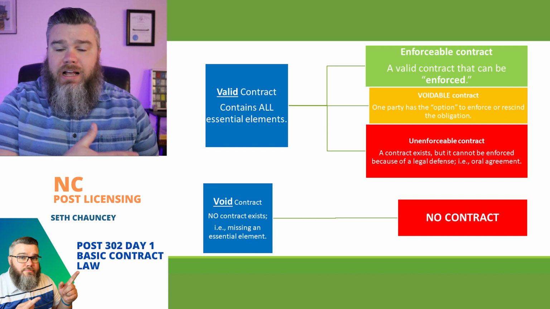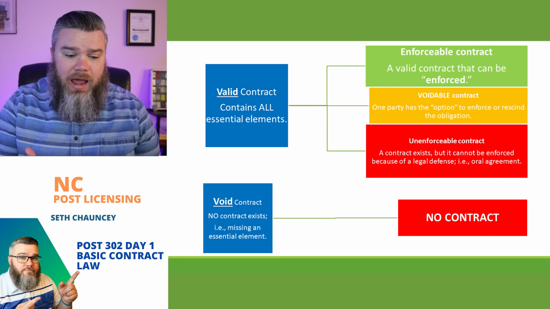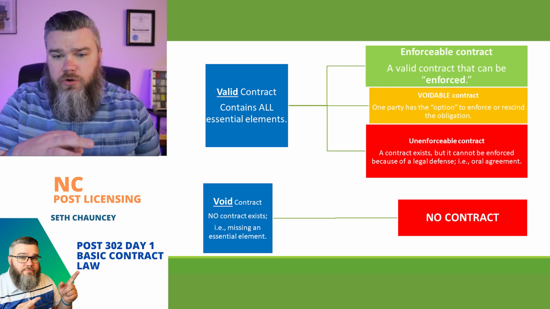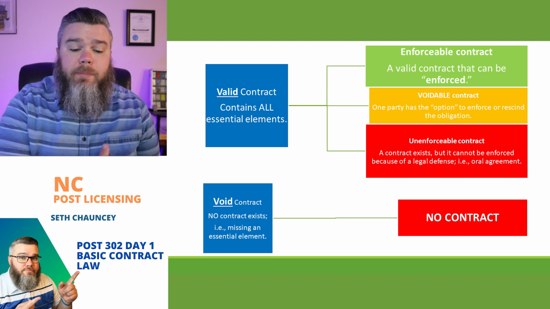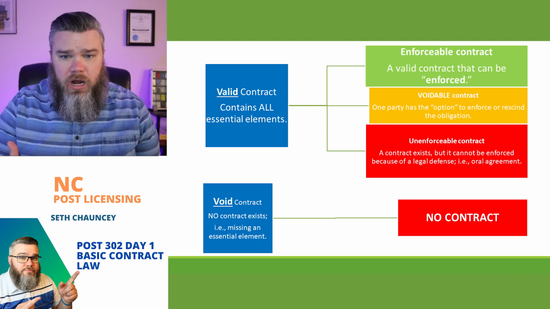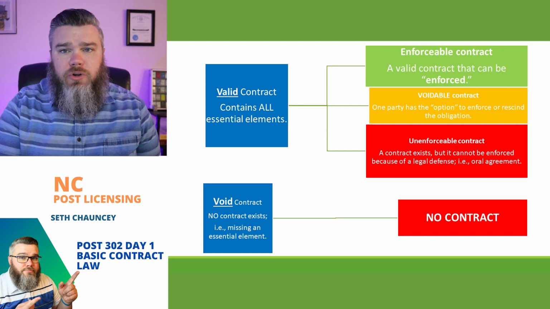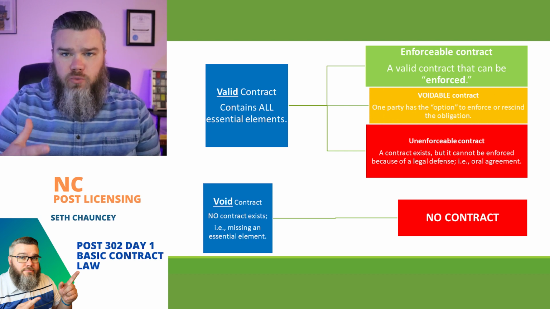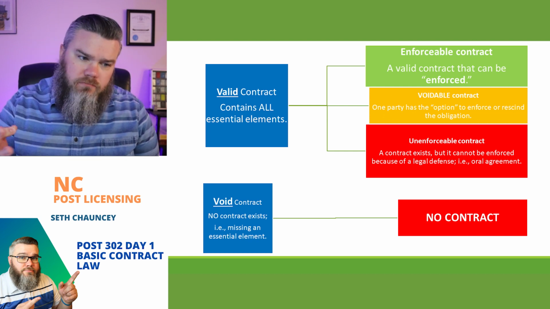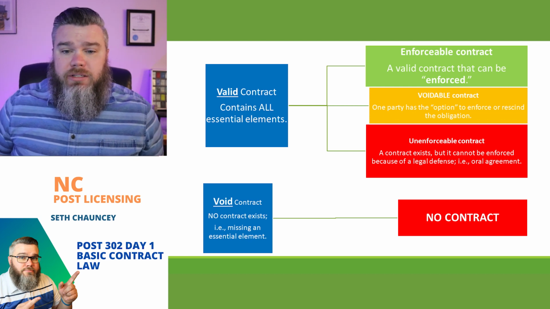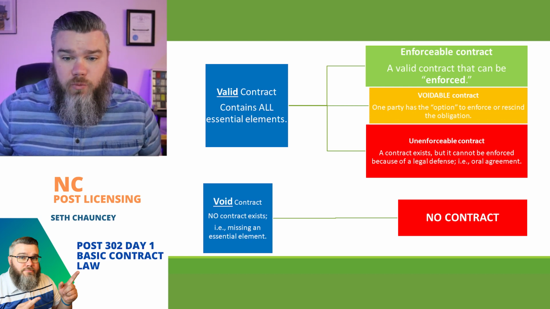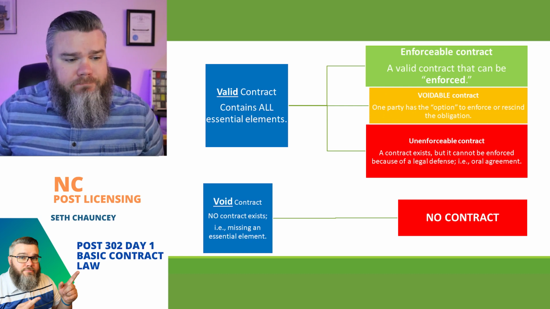However, we have license laws and commission rules in North Carolina that say we can't operate under implied agreements. So in North Carolina, when we're dealing with contracts for the sale of real property, statute of frauds says they have to be in writing. When we're dealing with agency contracts in North Carolina, real estate commission rule says they have to be in writing. But at the end of the day, we've got multiple sets of laws that say that we can't operate under implied anything in real estate in North Carolina.